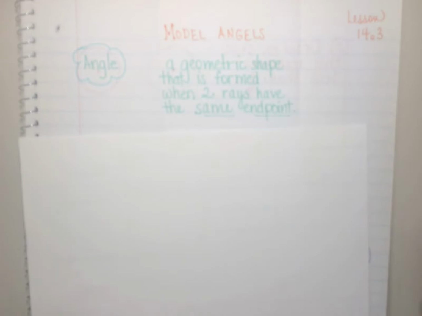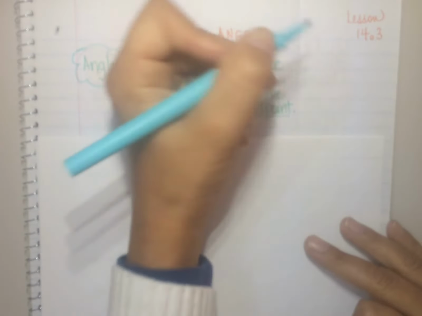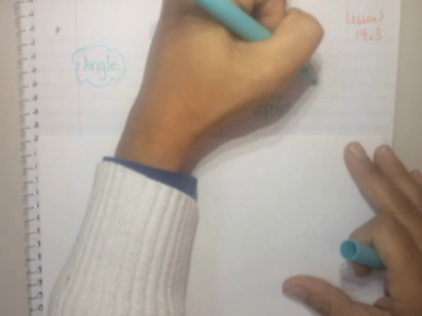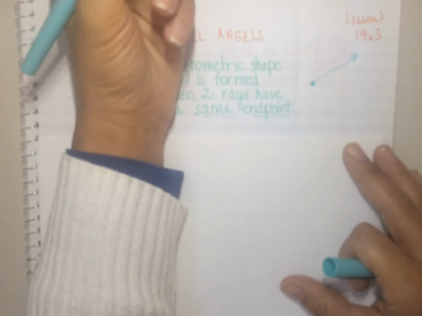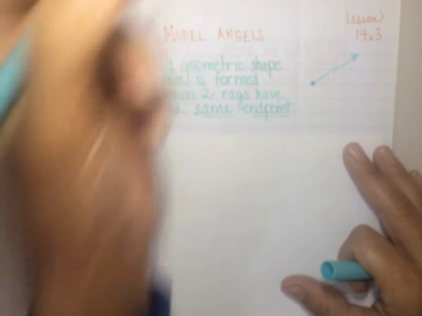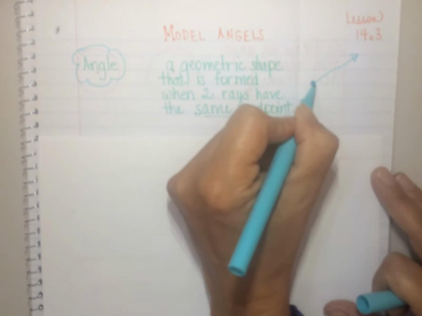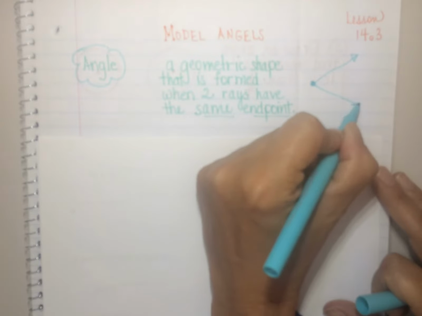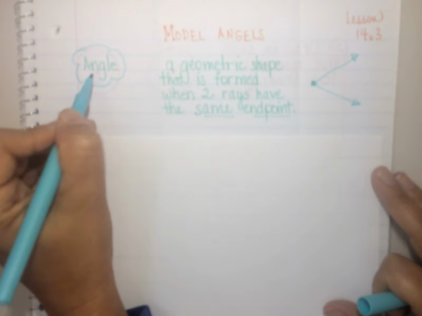Here we go. What you do is you make a ray, start with an end point, make an arrow, and then you connect another ray to the same end point. And we have just made an angle.